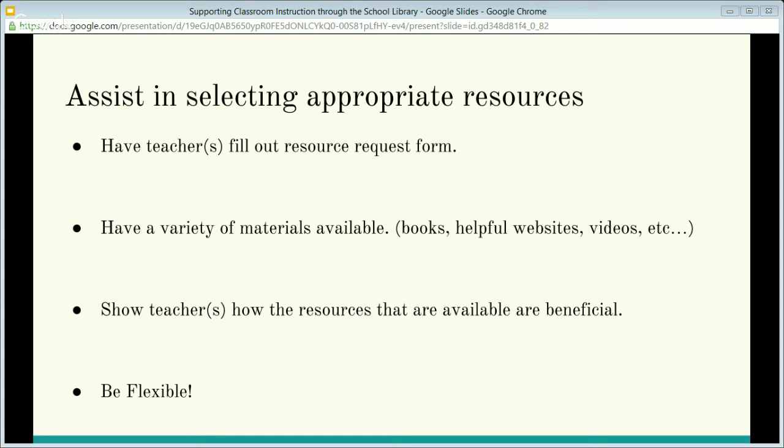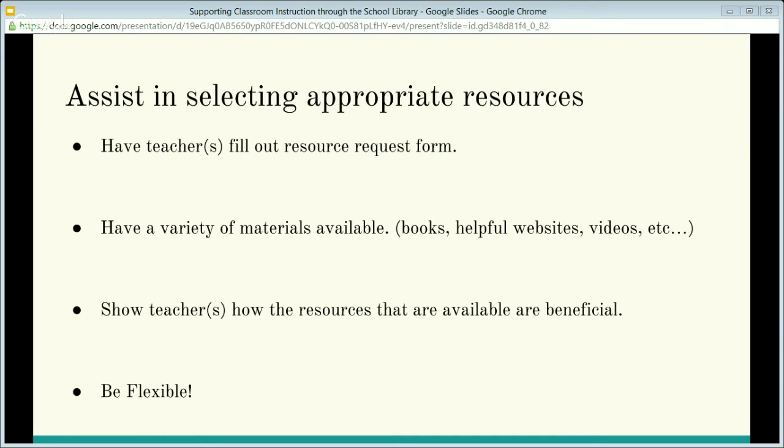And this helps me because when they get ready to come and visit the school library, I already know in advance what it is that they're doing. So I have gathered resources for them so that it can make their visit to the library more efficient.